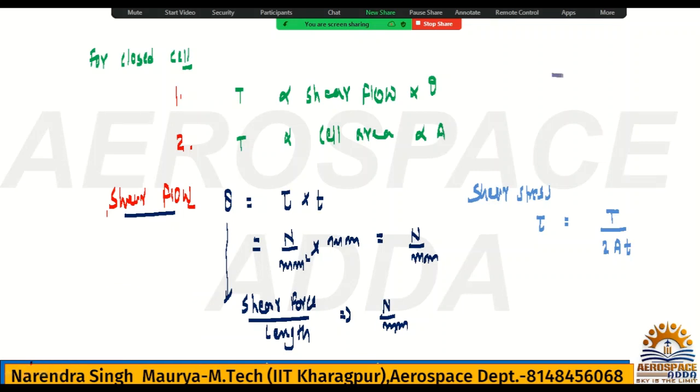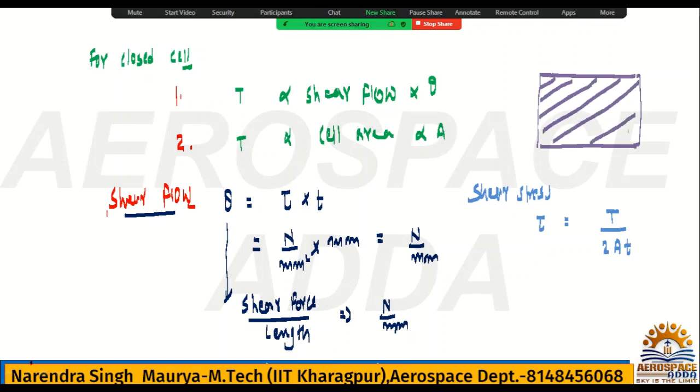Okay, all the formulations are very important, and this is how it looks. See, this is the thin closed section. So this whole shaded portion will be the area. For this section, thickness will be given to you, t.